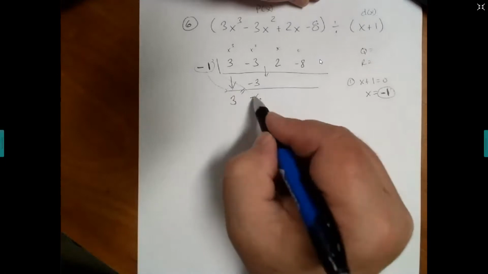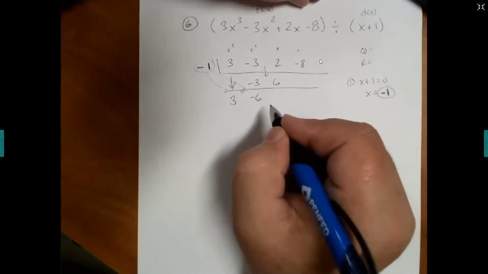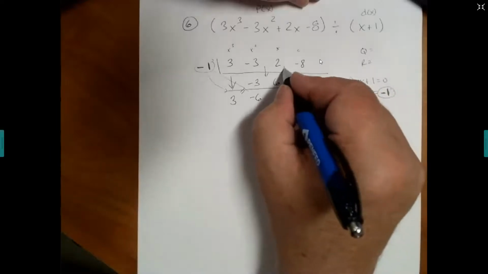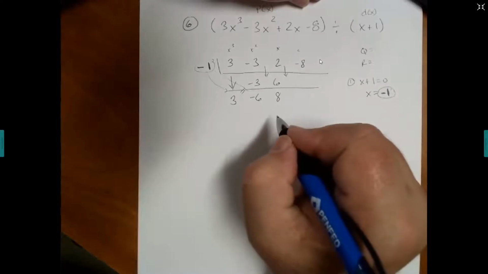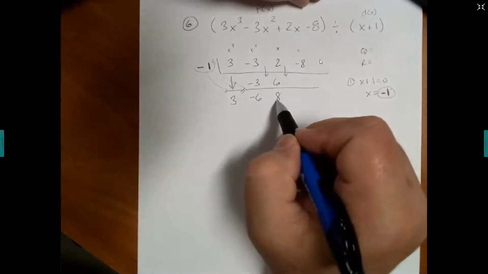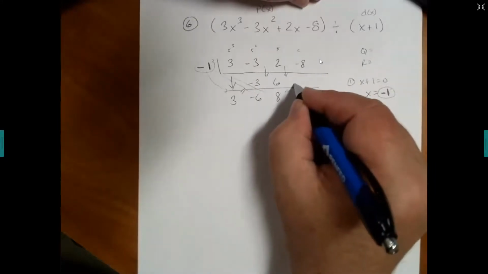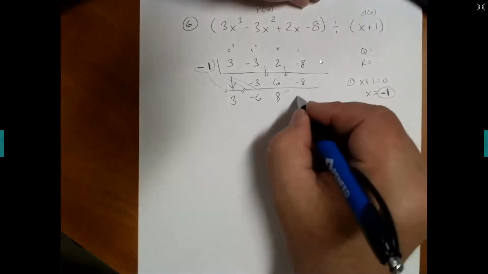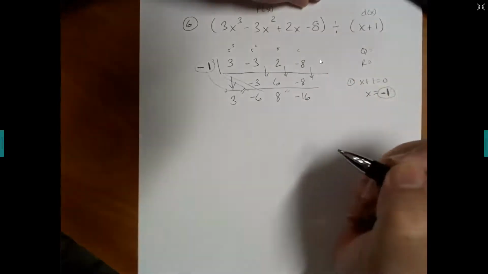Multiply. -1 times -6 is +6. Add the 2. 6 plus 2 is 8. -1 times 8 is -8. Add. Negative 16.